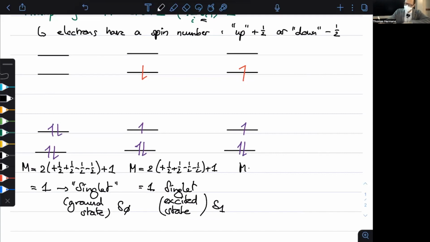Now, the third one is different, right? If we now do the little equation, there are 3 spins up and 1 down. So we have plus half, plus half, plus half, minus half. Plus 1 is 3. So this you call a triplet state.